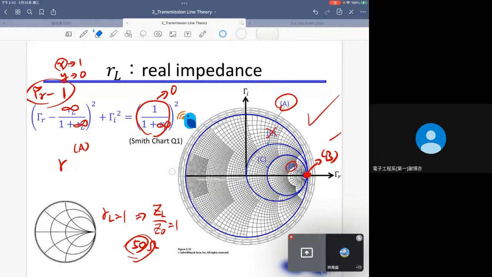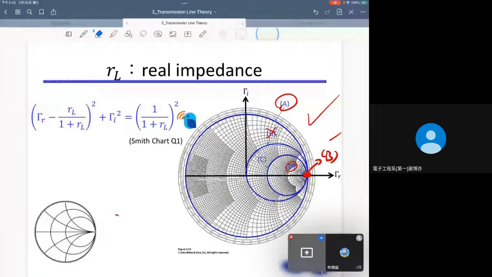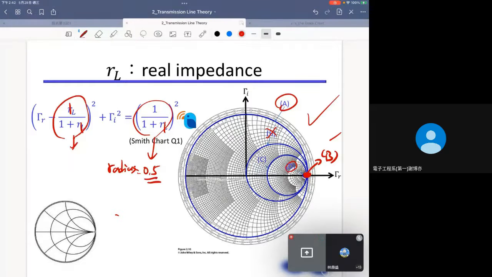For the third case, I put this as 1, so the radius is 0.5, and the position is also 1 over 2 equals 0.5. So this is this circle.